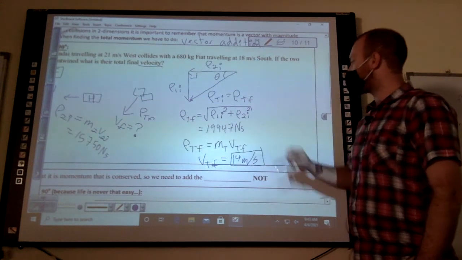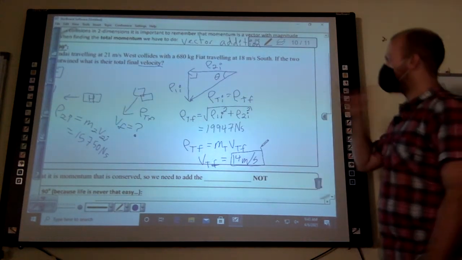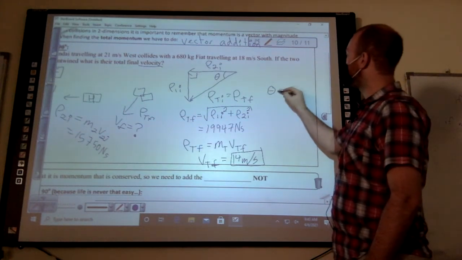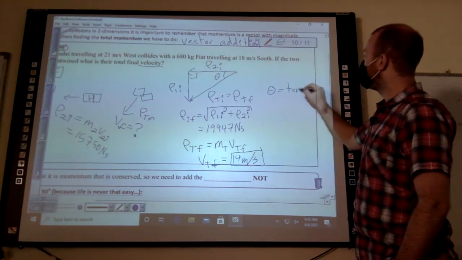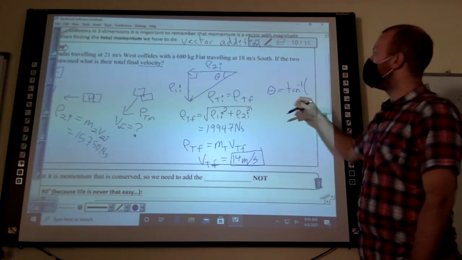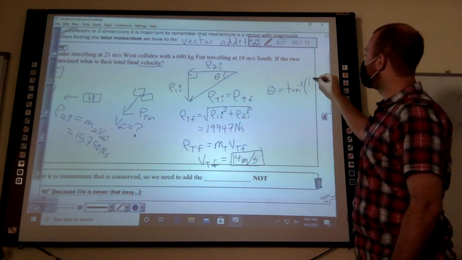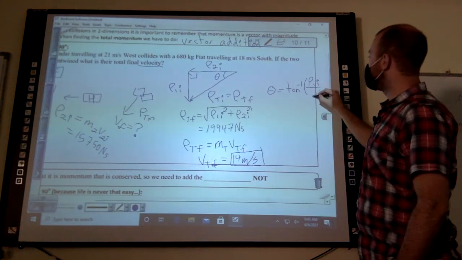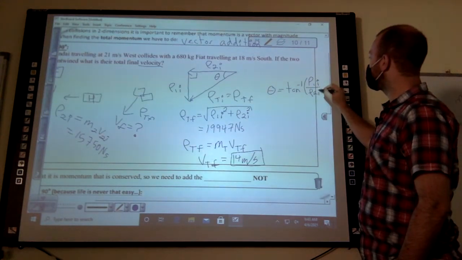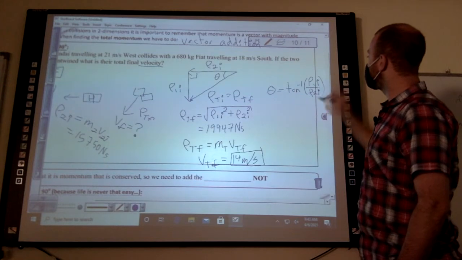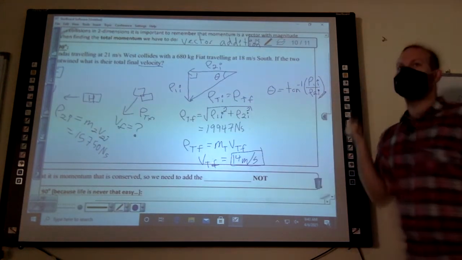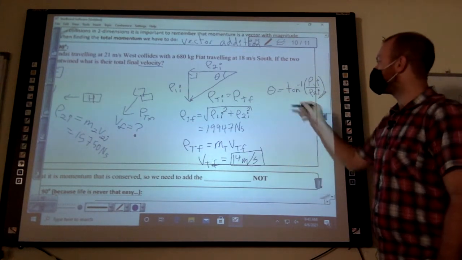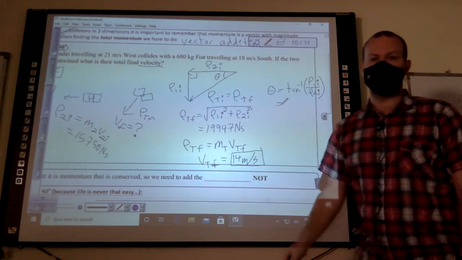So here's the magnitude. And to get direction, we're going to use tangent, so the inverse tan of opposite, momentum 1 initial, over adjacent. You could technically use sine or cosine if you wanted in the hypotenuse. Doesn't really matter.